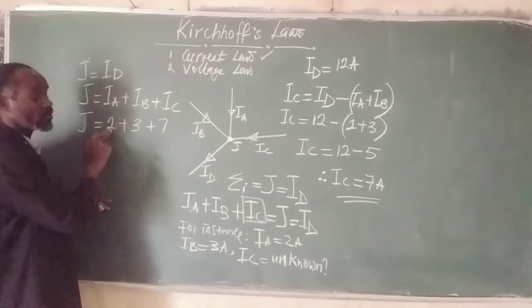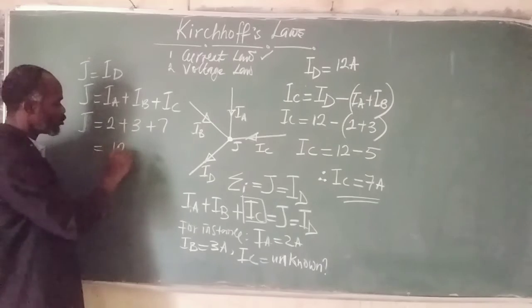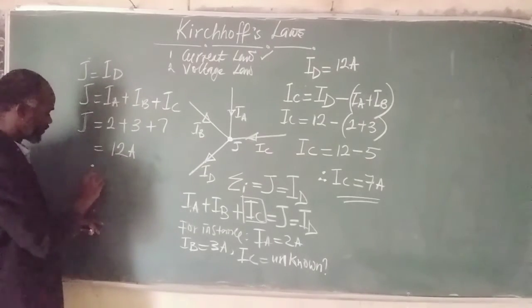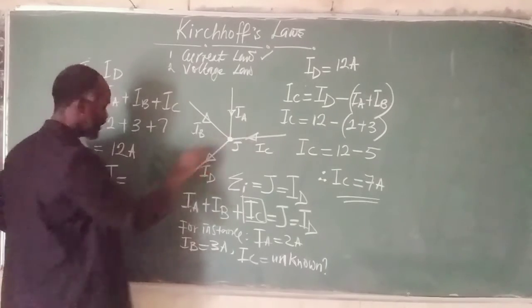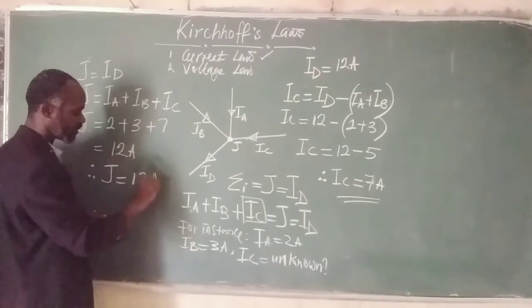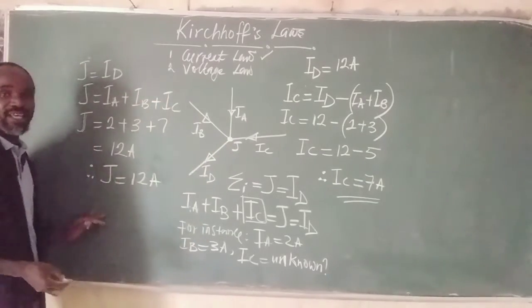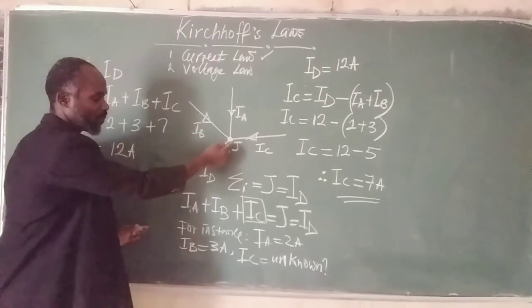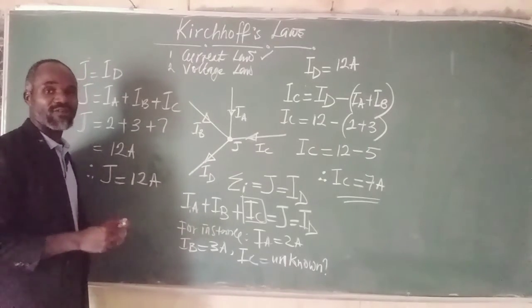What this means is 2 plus 3 is 5, and 5 plus 7 is 12 amps. Therefore, J, the total current at this point, is actually 12 amps. That is the current value leaving the entire junction, flowing away from the point. That is what Kirchhoff said.